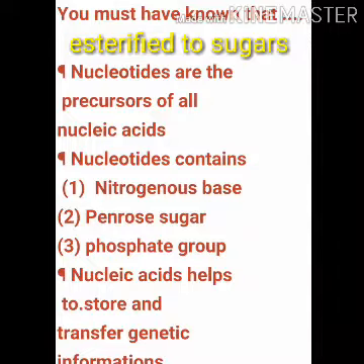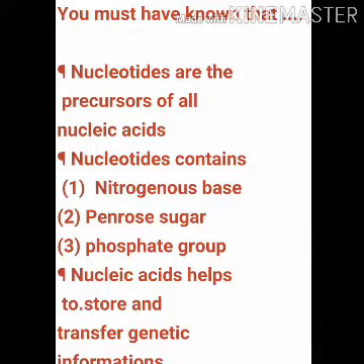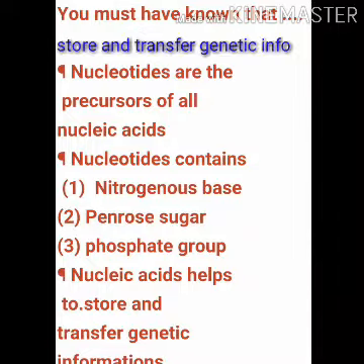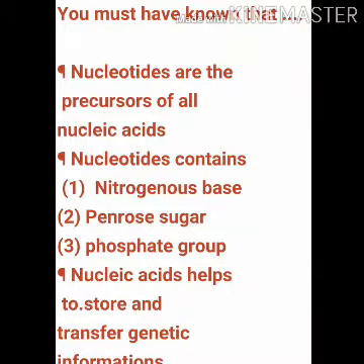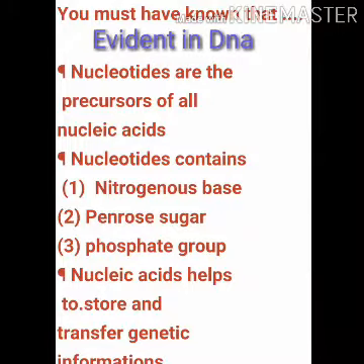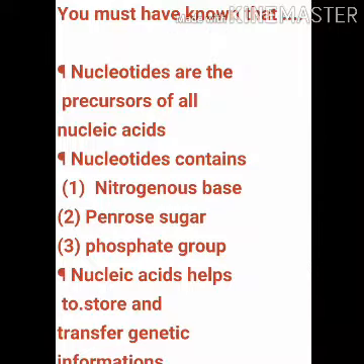We also know that nucleic acids help to store and transfer genetic information, and this ability is evident in human DNA and RNAs. But that is not all.